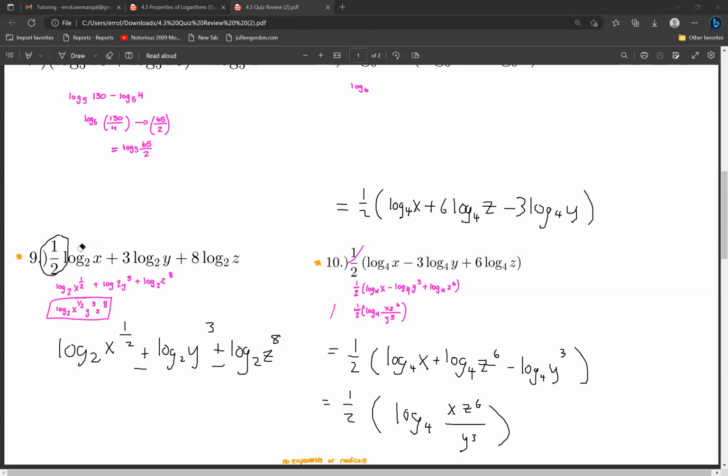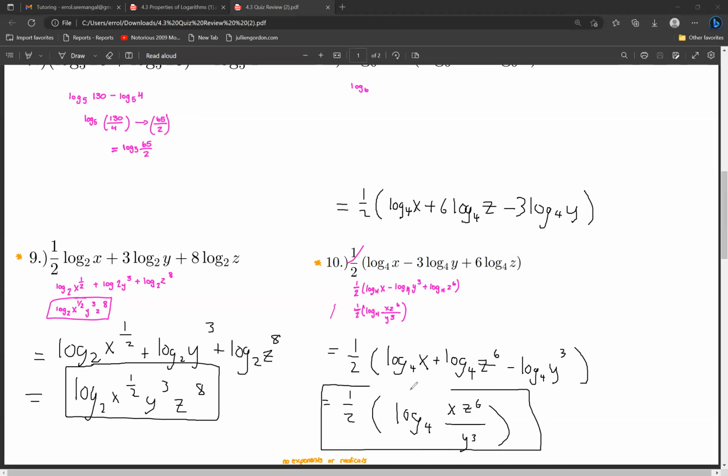Okay, so now just write it as one log, which is log 2 multiply all 3: 2x to the half, y3, z8. Oh, I forgot the 2. Log 2x to the half, y3, z8. Okay, this is your final answer on that one, and this is your final answer on that one.